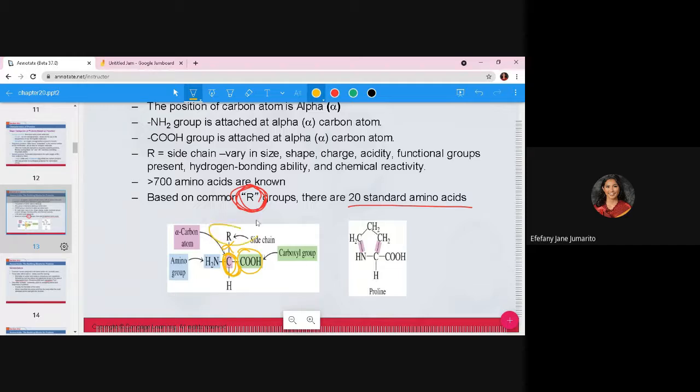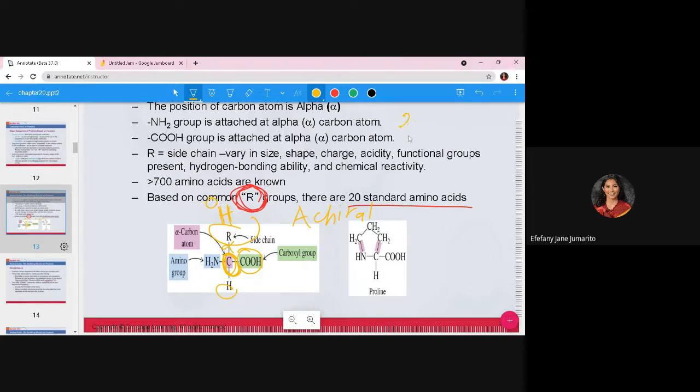Now, it depends. What if your side chain, your R group, is an H, like, for example, glycine? Is glycine chiral or achiral? Glycine is achiral because the R group in glycine is H, so there are two H's here.